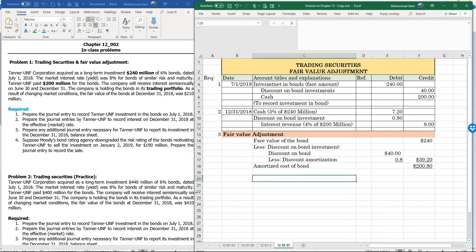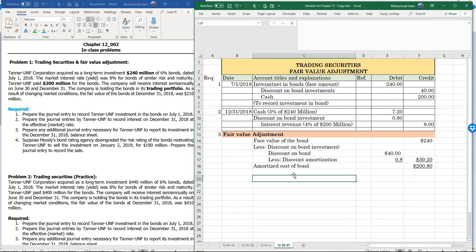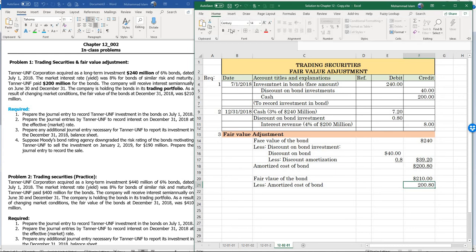Now you see that as a result of changing market conditions, the fair value of the bonds on December 31st, 2018 was 210. So the fair value of the bond is equal to 210 million, less the amortized cost of the bond, which is equal to 200.80.